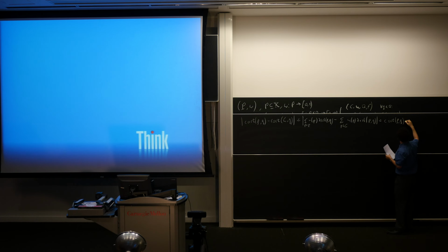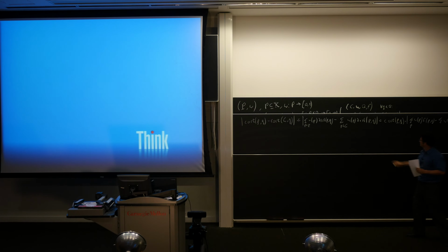I take it out, multiply by the fp, minus the sum of fpq. Right? I just replace this by f and take the cost out.